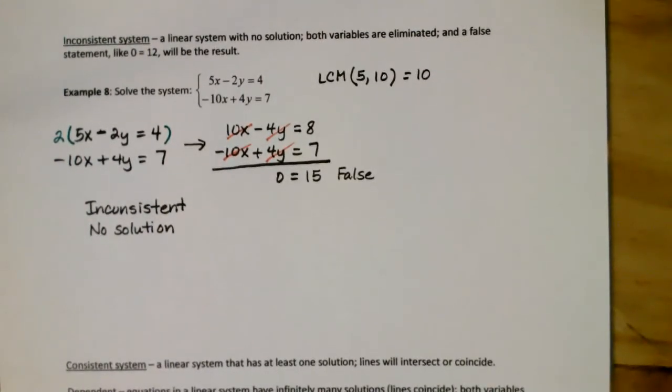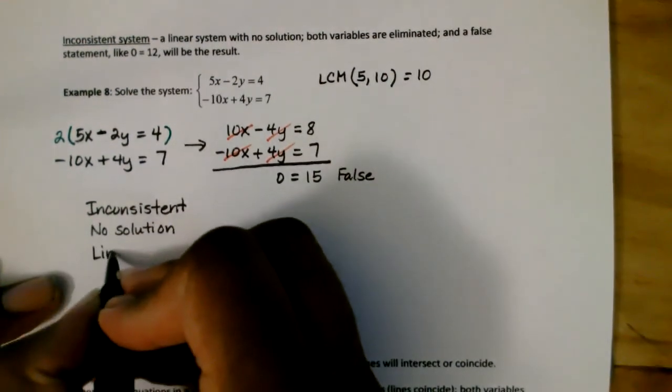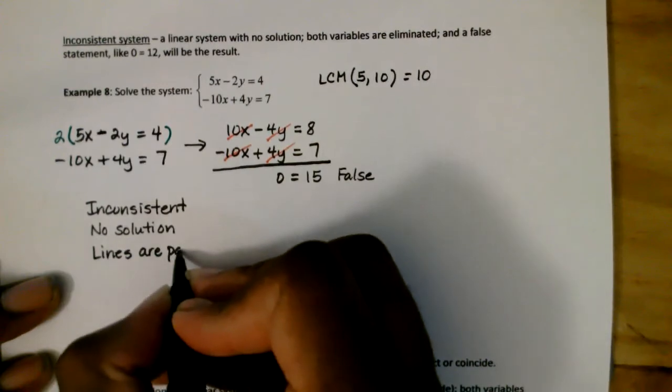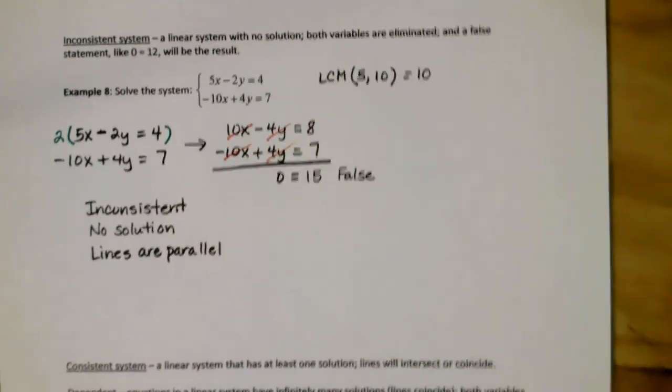Because inconsistent systems have no solution at all. And if you were to graph those two lines on a coordinate plane, they're not going to intersect at a point at all. That means the lines are parallel.